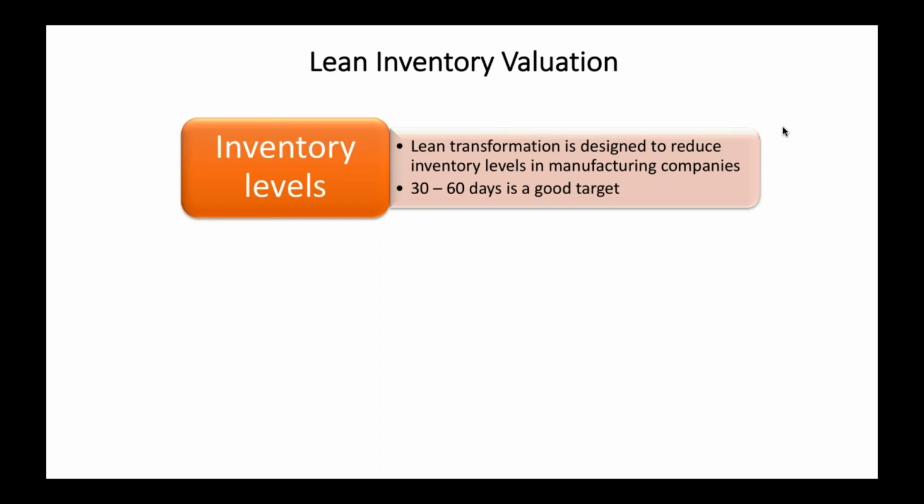A target of 30 to 60 days of inventory is a good range where a company can employ simpler inventory valuation methods than standard costing. You might even be able to get to 90 or so, but typically 30 to 60 is the target.